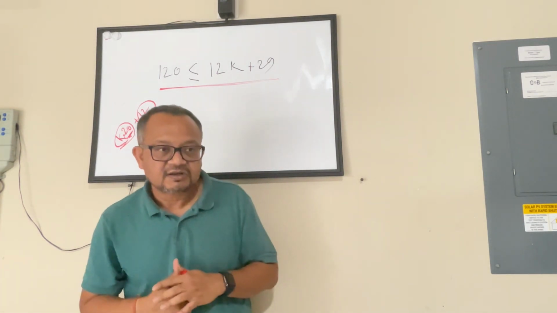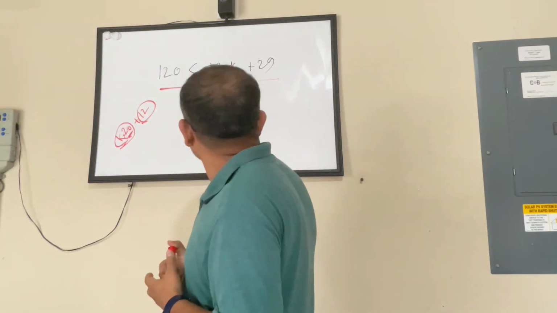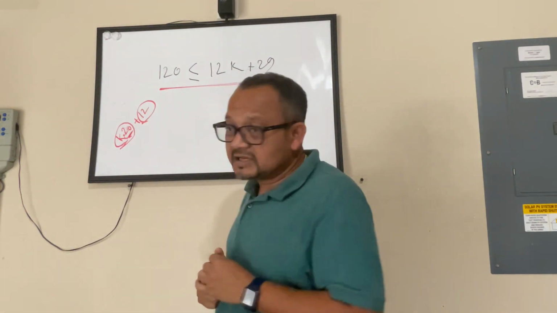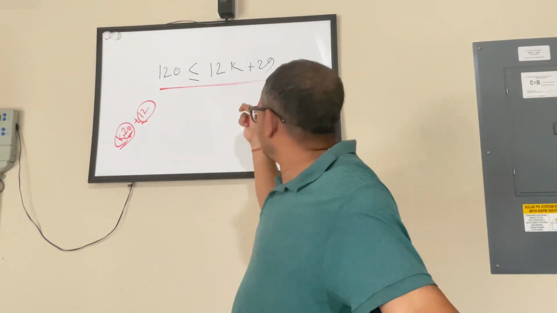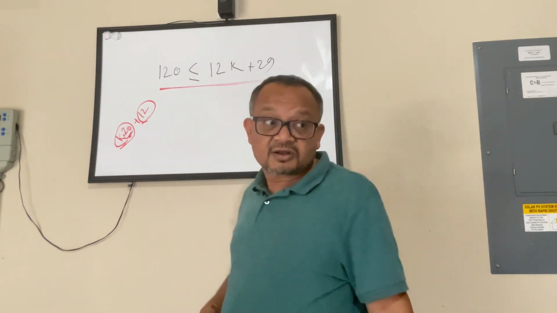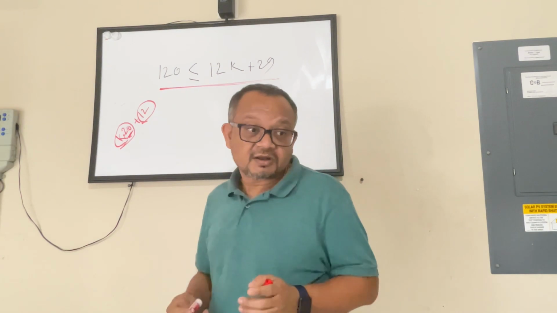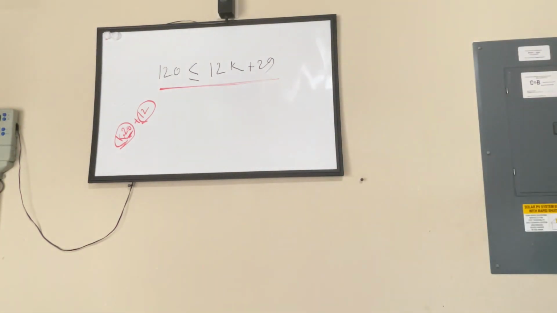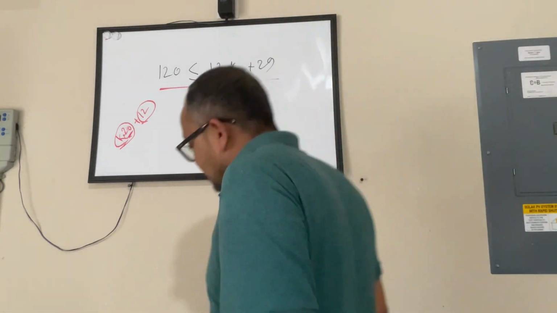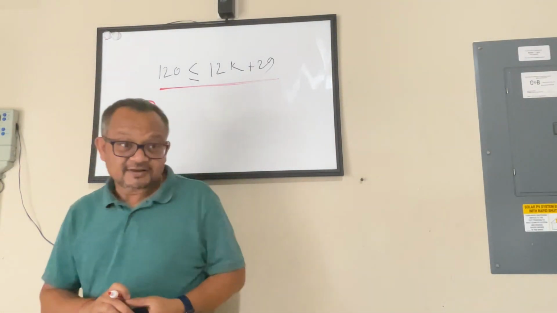Felicia has 20 buttons in her collection. She will collect 12. Is that 20 or 29? What does the equation say? Oh, wait, sorry, my bad.